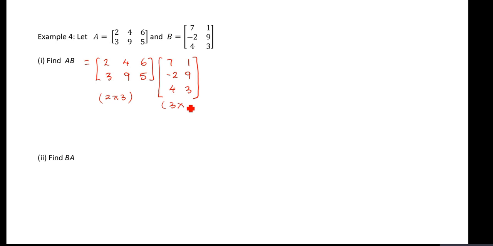A 3 by 2. Yes, I can do. And what's the answer? So that is the same. The order of the answer is a 2 by 2. So there's 1, 2 rows, 2 columns.